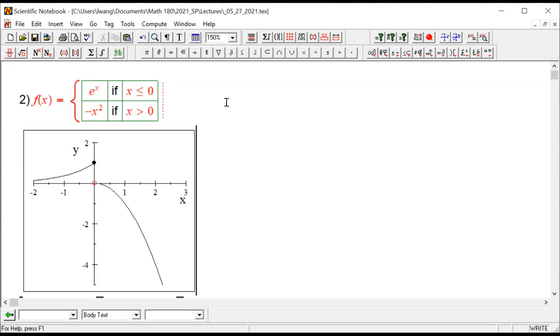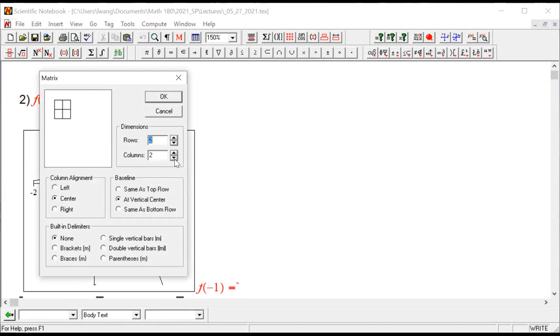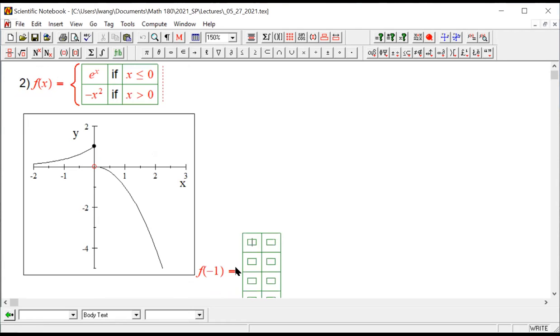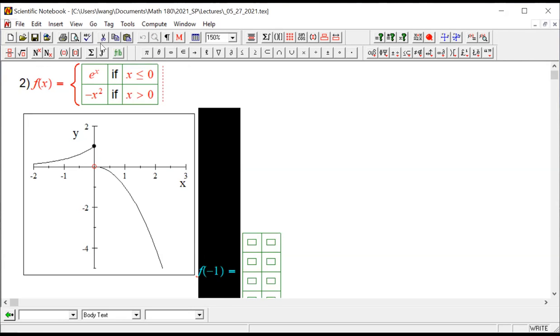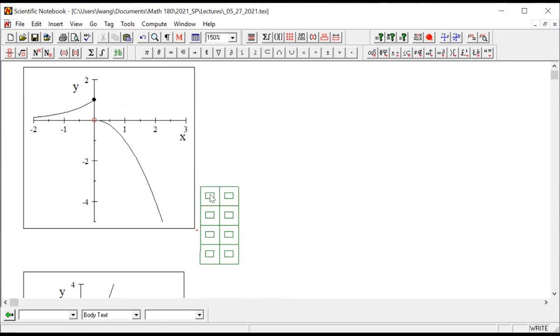And the other thing is that if I'm asking you, suppose I give you some questions, hey, give me f of -1. You give me the value. So maybe I make a table here. I'm going to give you some random questions to see if you understand these functions.